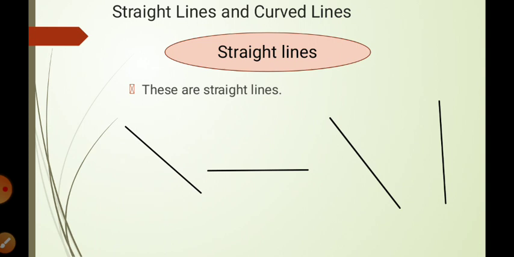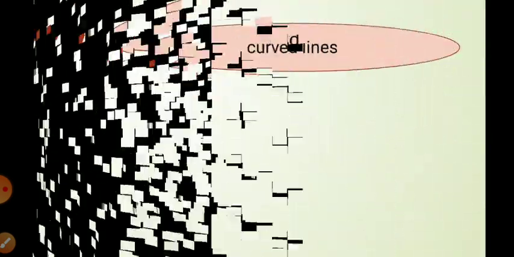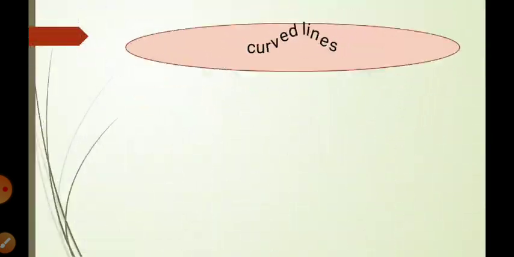Now we will see what curved lines are. Straight lines are different. When you see the door, the border line is straight. But a curved line has some curve.